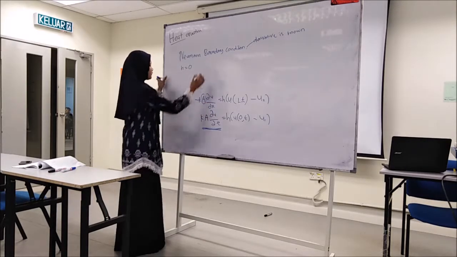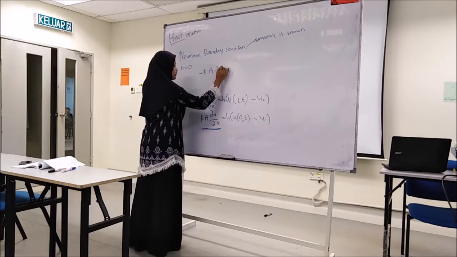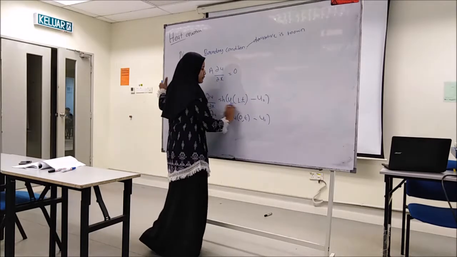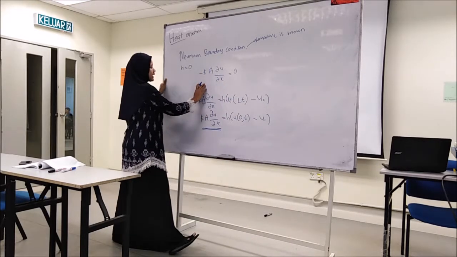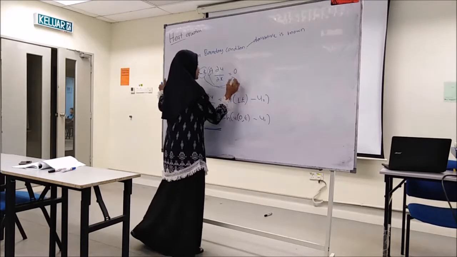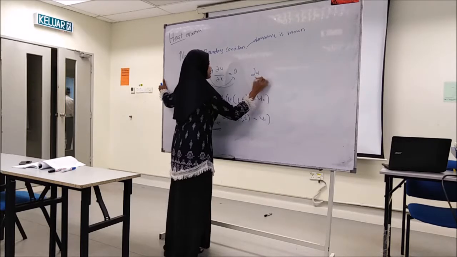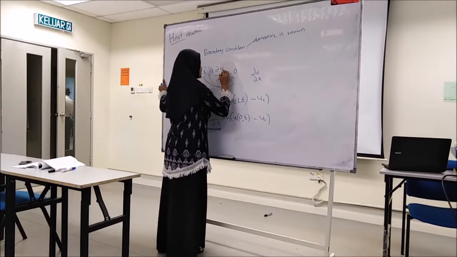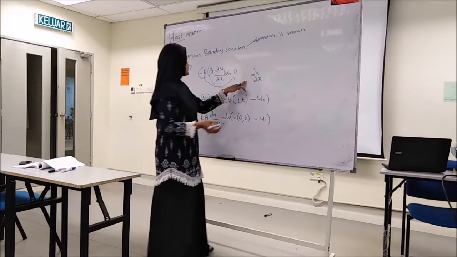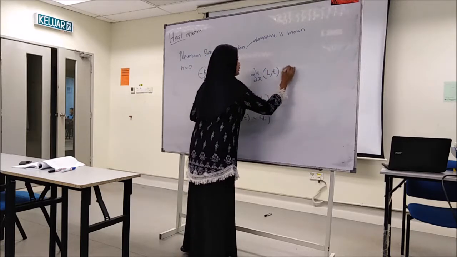We get negative k A del u del x equal to 0, so everything will be 0. Then we move this one to this side and this one to this side, we will get del u dx. Sorry, I forgot. This is L and T. Okay, so we will get this one. L and T is equal to 0.